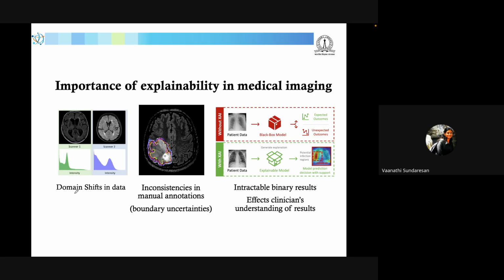The first one is domain shift in the data. These two images come from two different data sets which are acquired using two different scanners. Let's say, only for example, this is using a Siemens or GE scanner, and this is using a Philips scanner. The images that come out of these two scanners are going to be very different. And if your model is trained mainly using these images, it might not work well on these images, right?